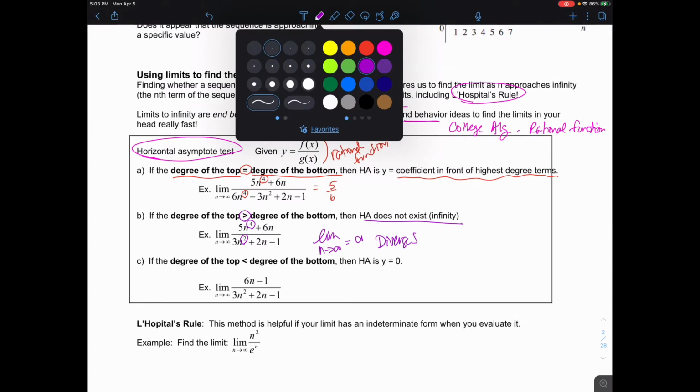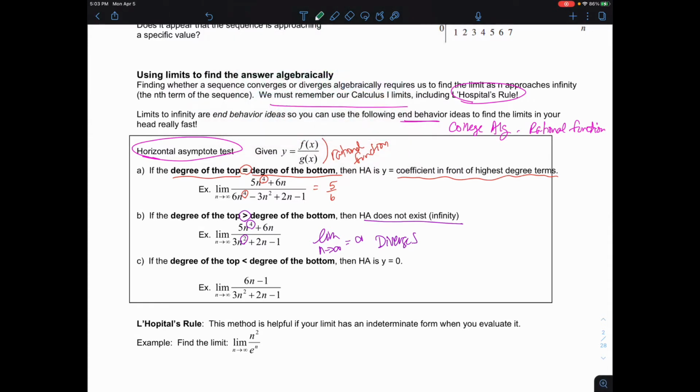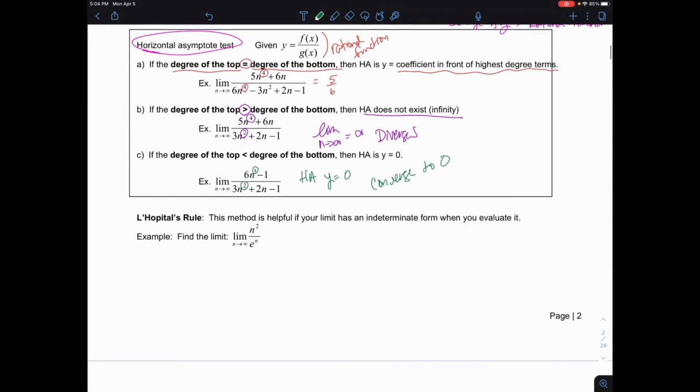And the last example, if the numerator is less than the denominator, so this numerator has degree 1, this denominator has degree 2, this would have a horizontal asymptote at y equals 0, so it would converge.